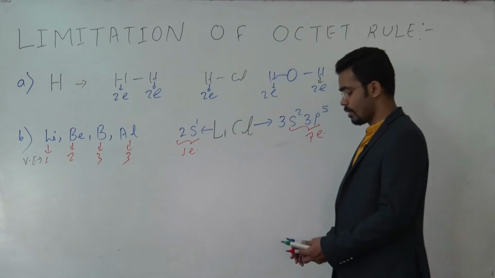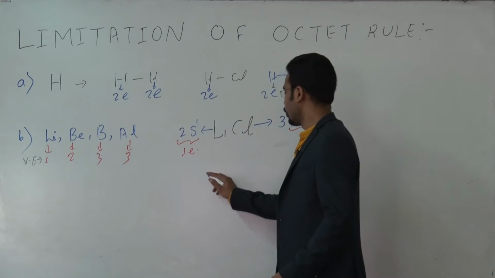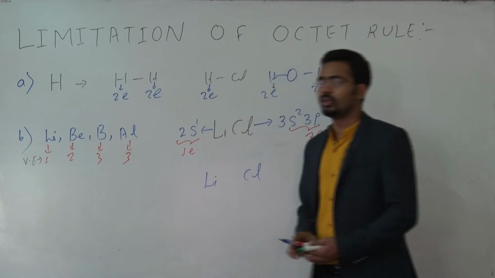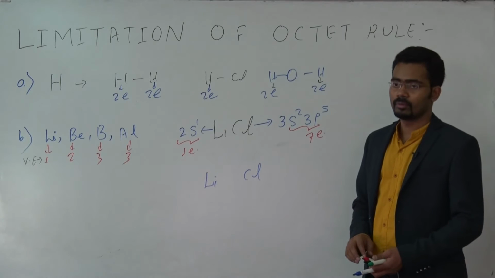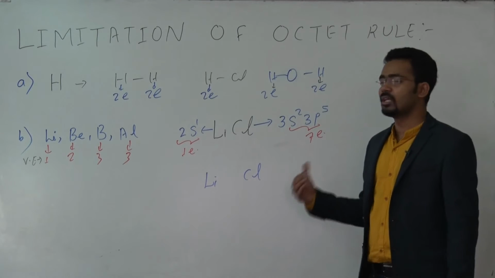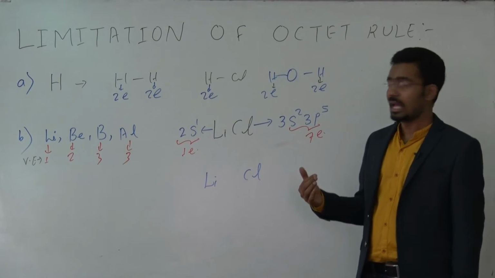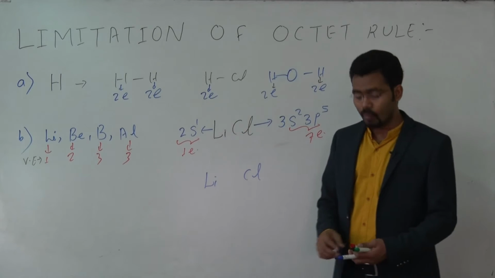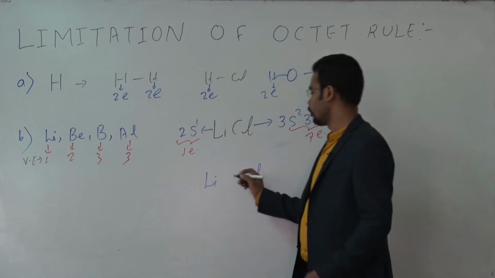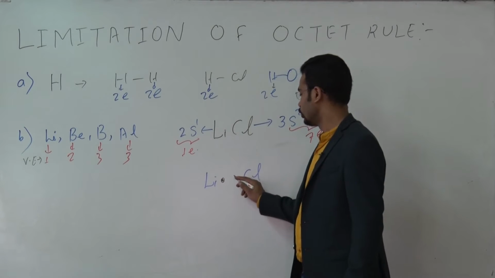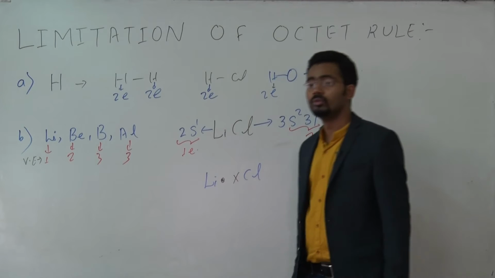When the compound forms, we have lithium and chlorine. In the Lewis dot structure, the valence electrons will be shared between the 2 atoms. Since lithium has only 1 valence electron, the 1 electron of lithium will be shared with 1 electron of chlorine.